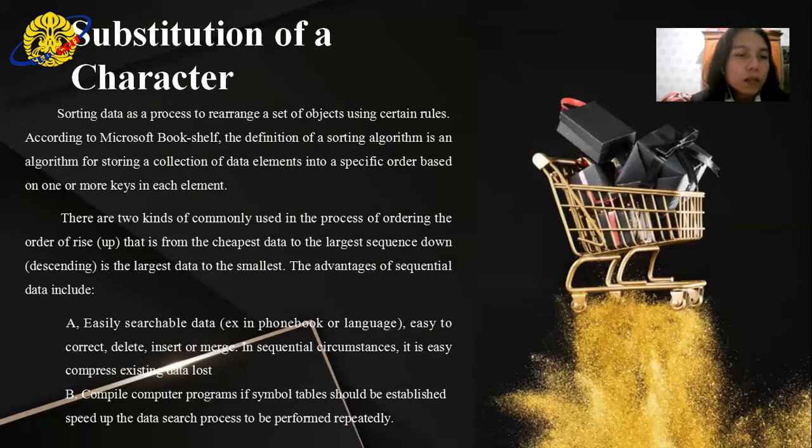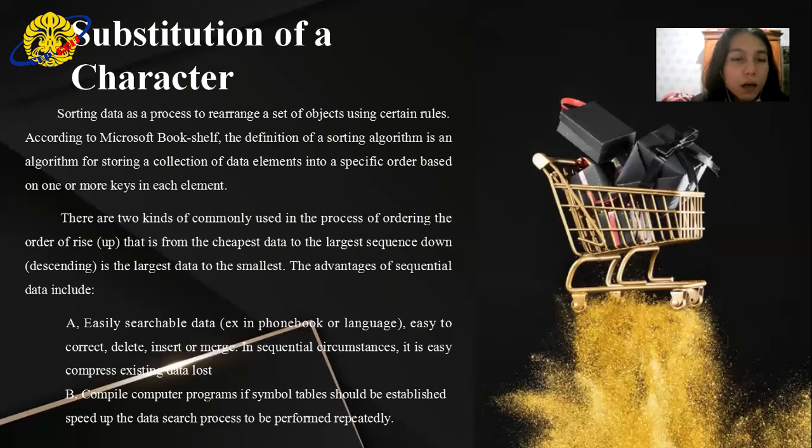There are two kinds of order commonly used: ascending, from the smallest data to the largest, and descending, from the largest data to the smallest.